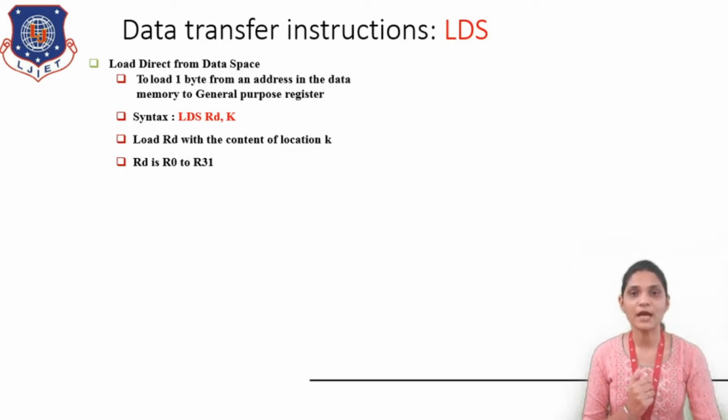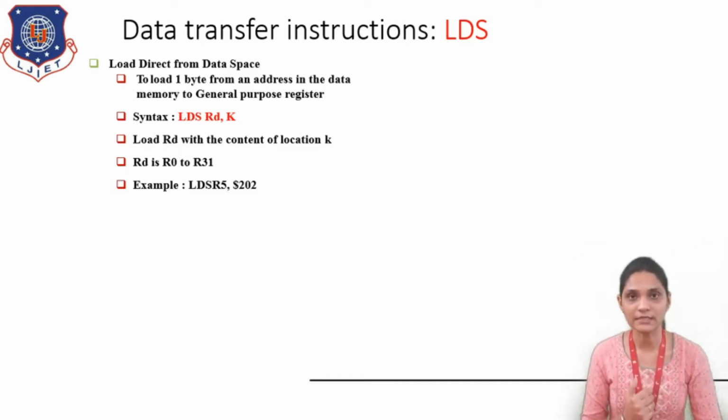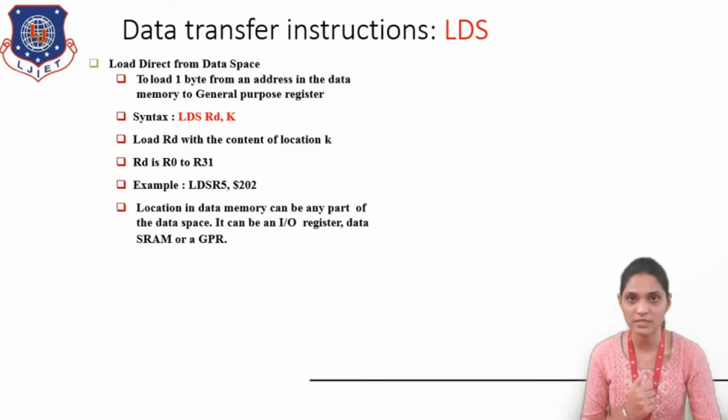Here RD can be R0 to R31, anything can be there, but here this K is the source address, that we have to consider. For example, we have an instruction like LDS R5, $202. Here 202 is the location. Whatever you have stored at that location is going to be stored inside the register R5 at the end of the execution of this instruction.